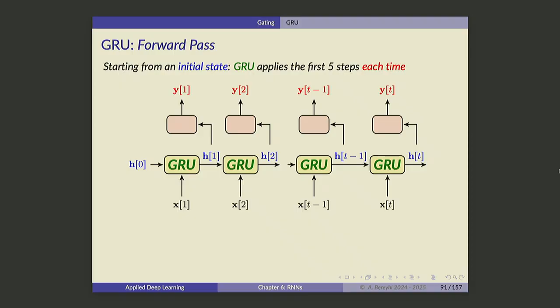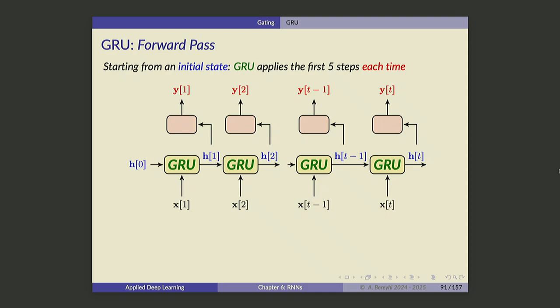Inside every single one of these GRUs is exactly the same diagram I showed you, right? So you compute two gates every time. Those gates get multiplied with the corresponding memory components. They just get added up, and then finally that thing comes out of your GRU.